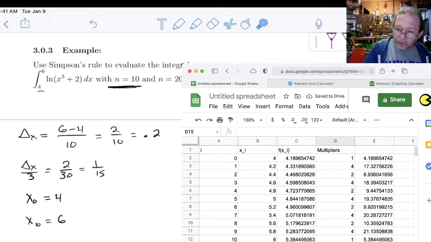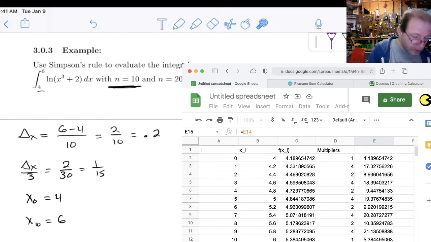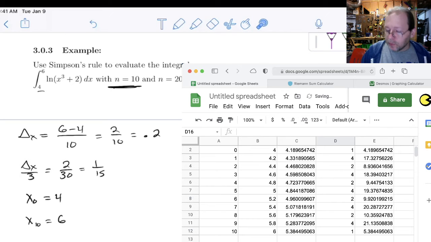And so the integral, I'll type it next to it. The integral is approximately this 144 times, let's see, our delta x over 3 was 1 over 15. So 9.65.